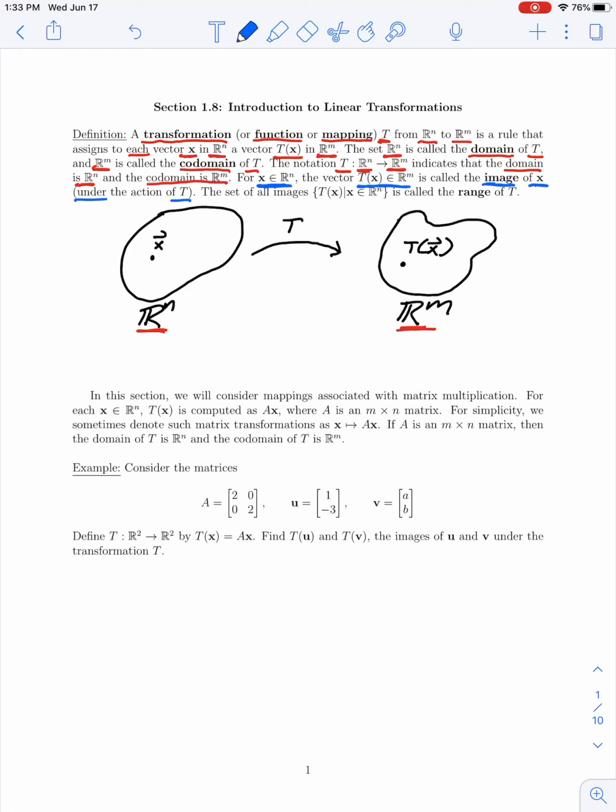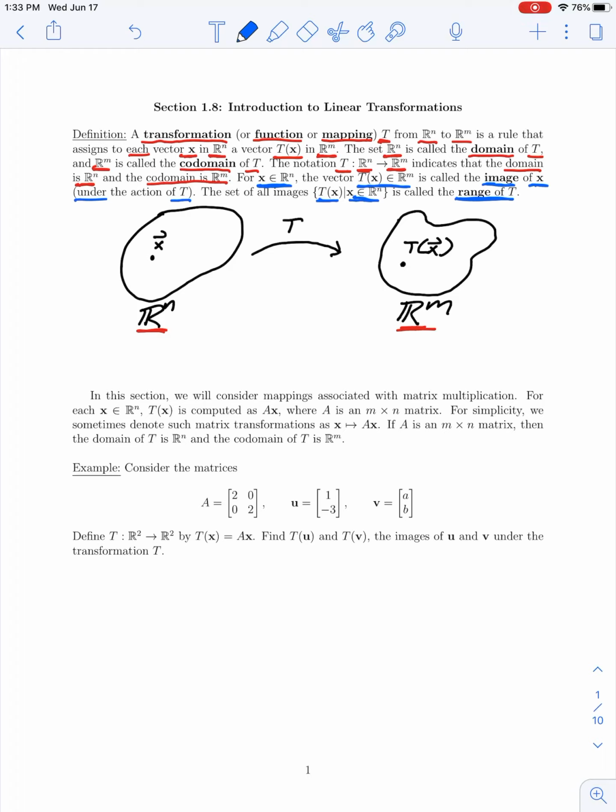And the set of all images T of x such that x is a vector in Rn is called the range of our transformation. We might ask ourselves, how does the range differ from the codomain?